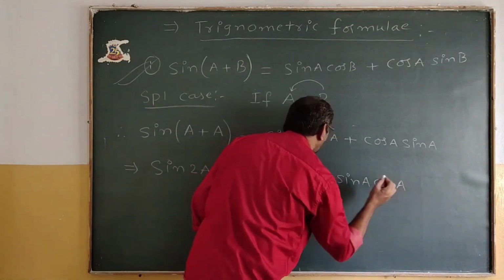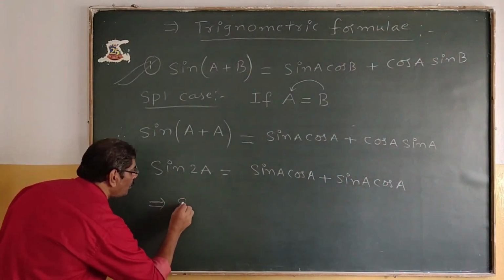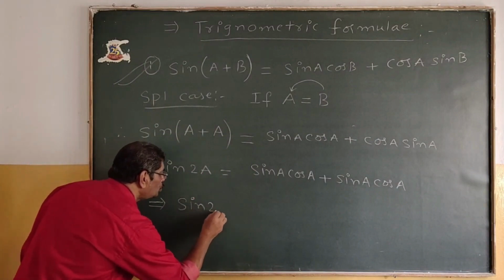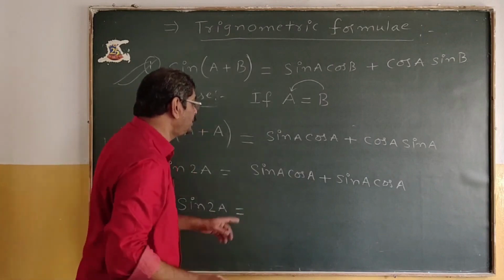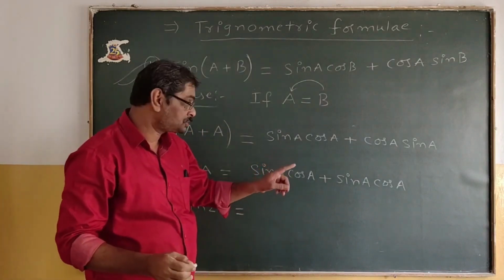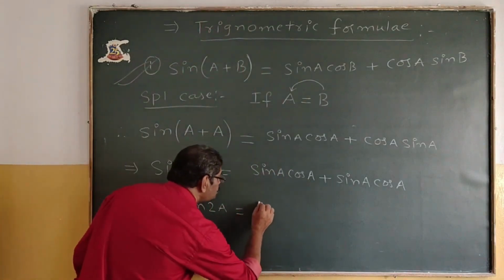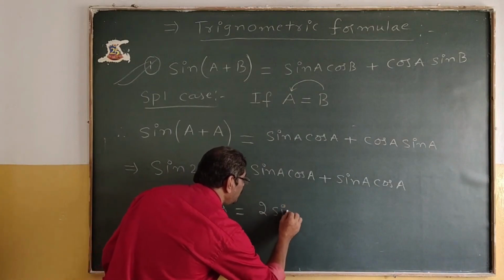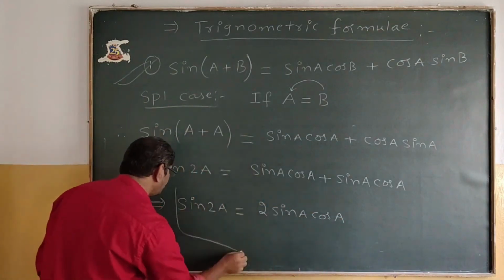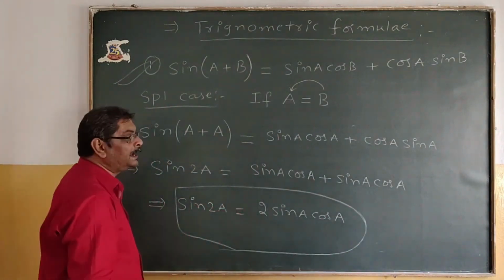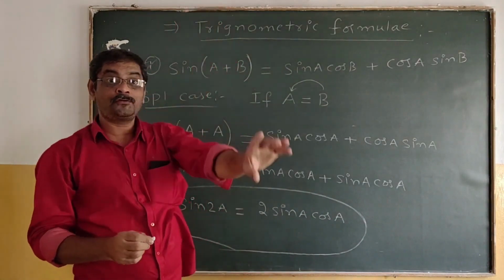So I am going to get another important formula. Sin 2A will be numerically equal to sin A cos A plus sin A cos A, which becomes 2 sin A into cos A. Remember, this is the formula for sin 2A, another very important trigonometric formula.